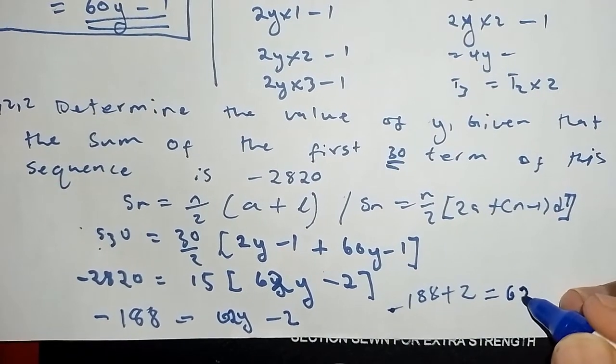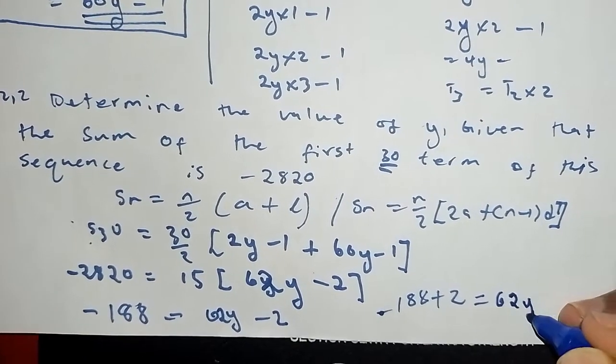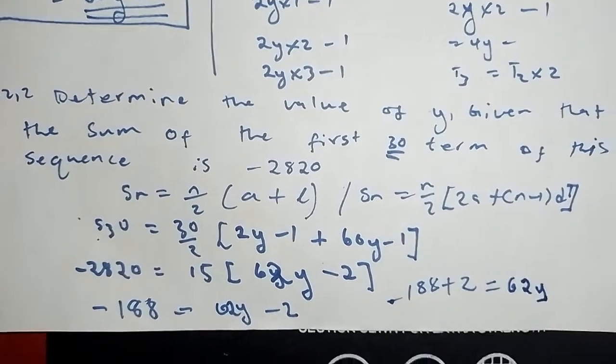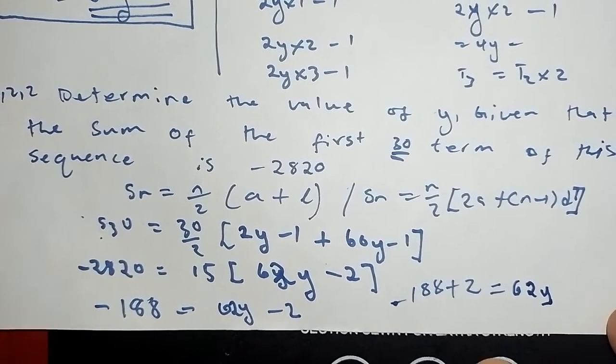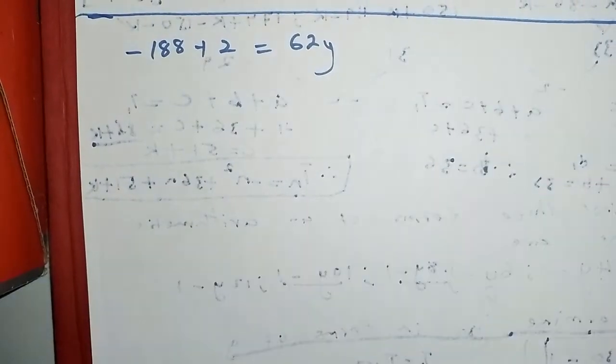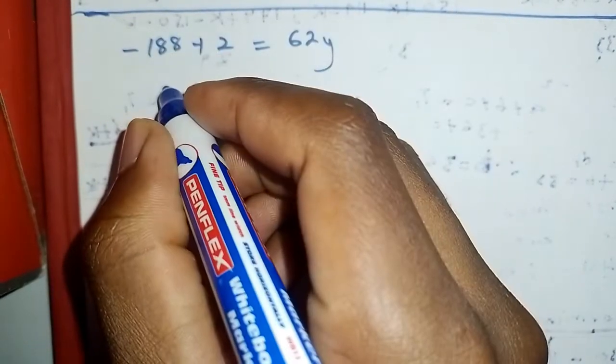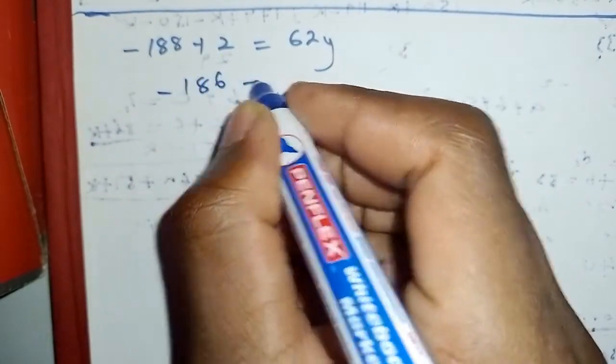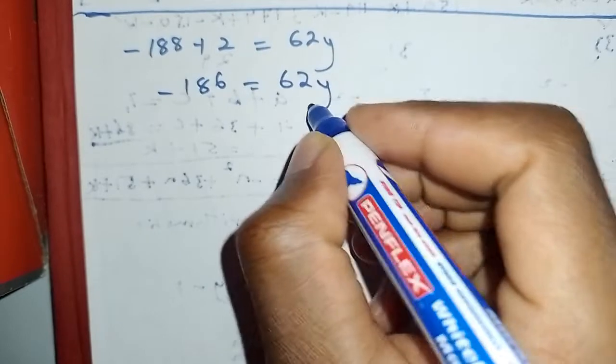Wait, I'm just writing 62. Let me just write on the next page because I'm struggling here. Having something like this, right? Now this will give me negative 186 is equal to 62y, right?